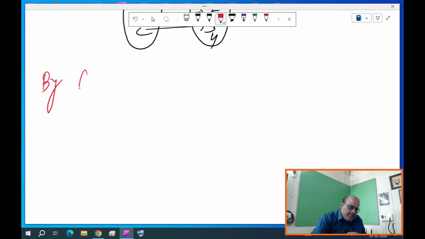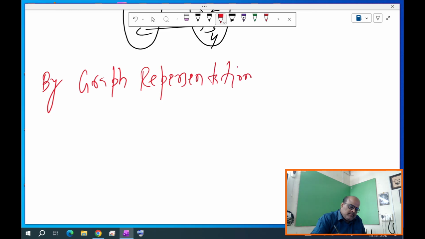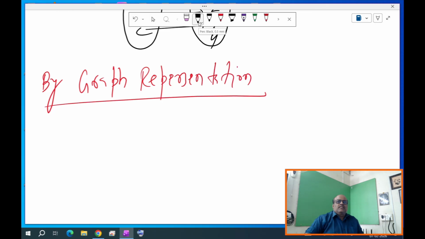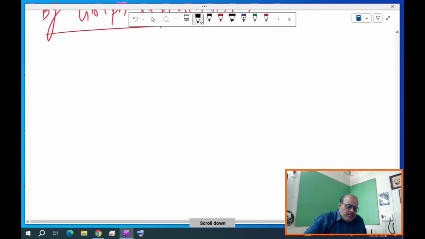Hereafter I will write the same definition, the 1-1 function definition by graph representation. By graphical representation we decide whether a function is 1-1 or not. First it is a function, then we decide 1-1 or not.